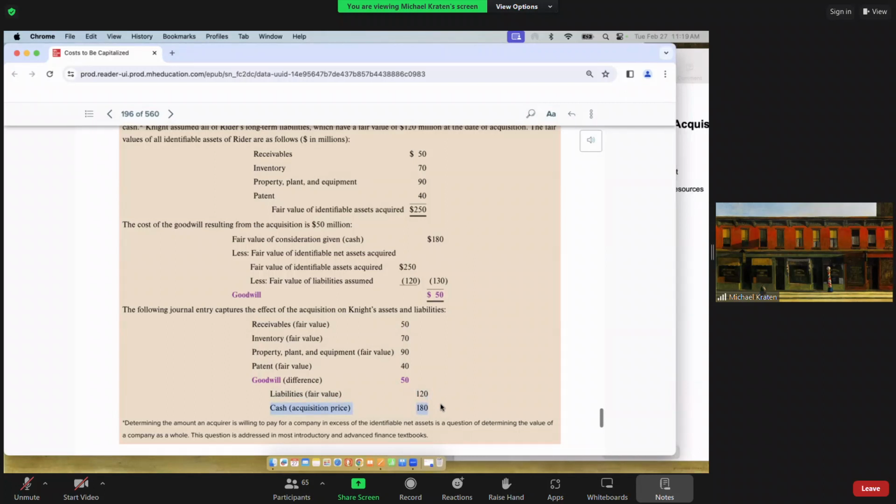You are crediting what you are spending to buy everything, cash. Does it make sense that to make the journal entry balance, you have to debit something for 50? Yes. That is the additional asset that you are buying. You are buying the company's goodwill.